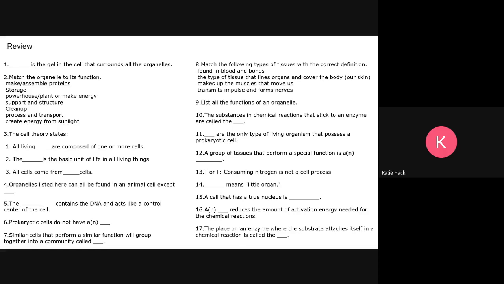All right, now let's talk about the cell theory. The cell theory states that all living blank are composed of one or more cells. It's going to have a 1, 2, 3 part.